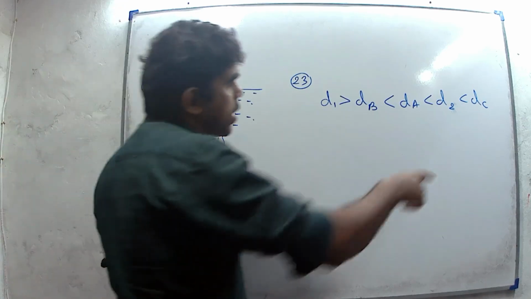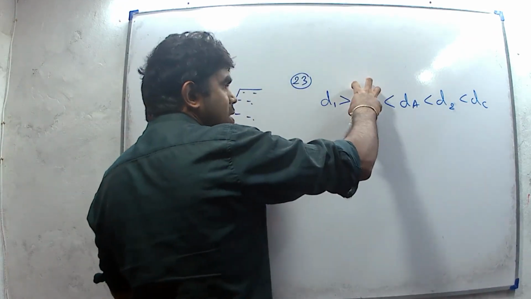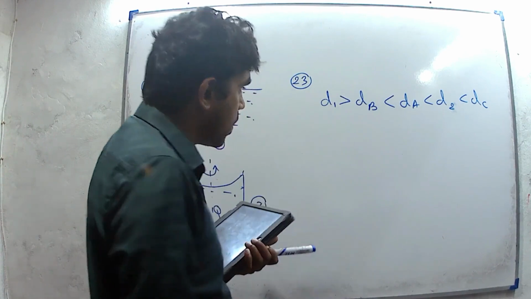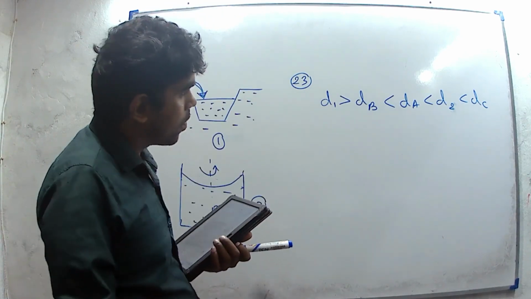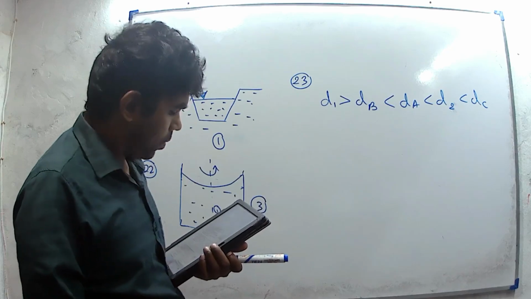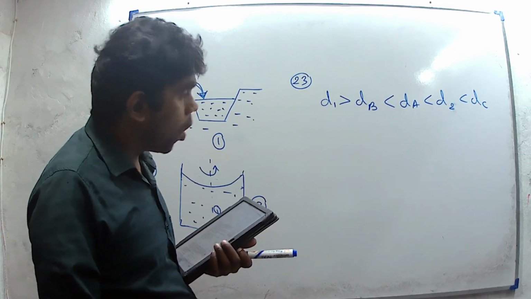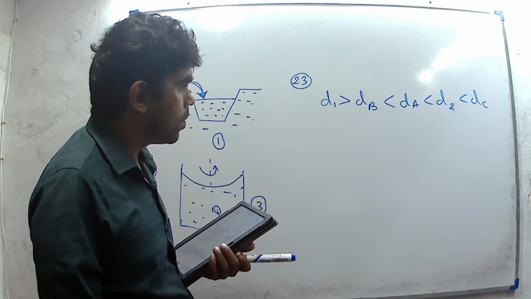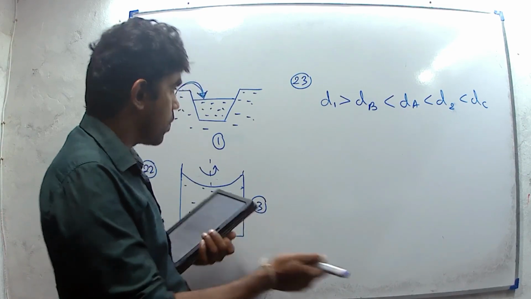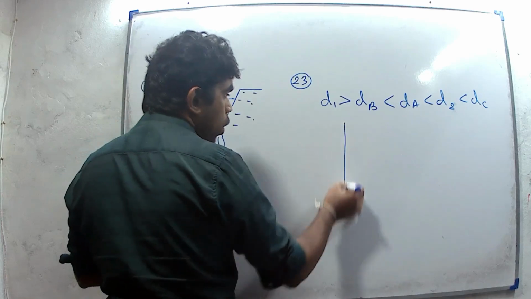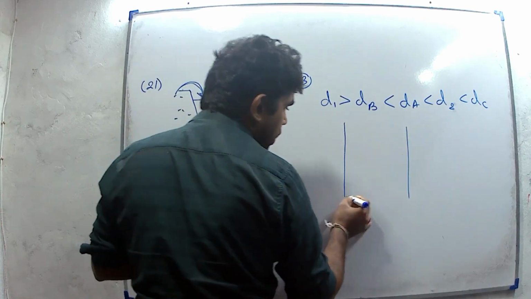When considering these four densities, the smallest density is dB. Density of B is less than all densities. Therefore, B should float in the beaker like this.